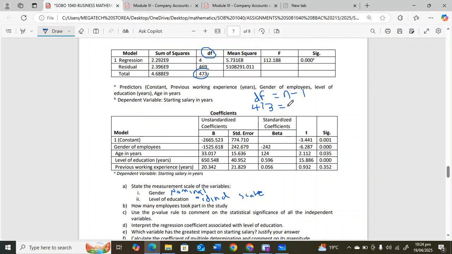So we just have to find n. We take the negative 1 over the other side. n equals 473 plus 1, 474. So 474 employees took part in this study.